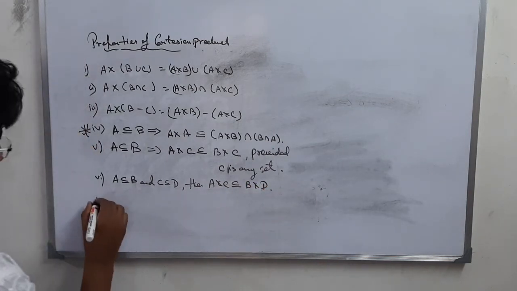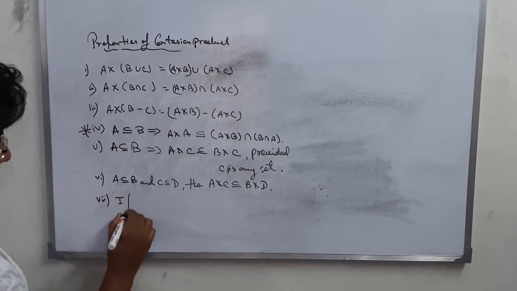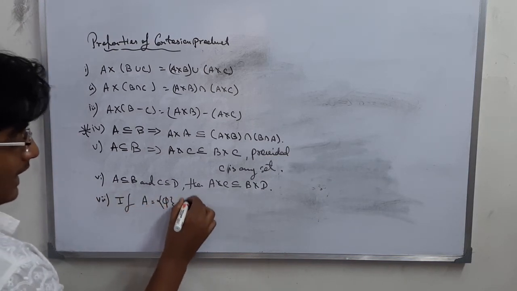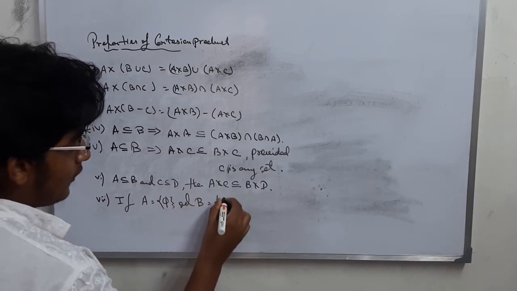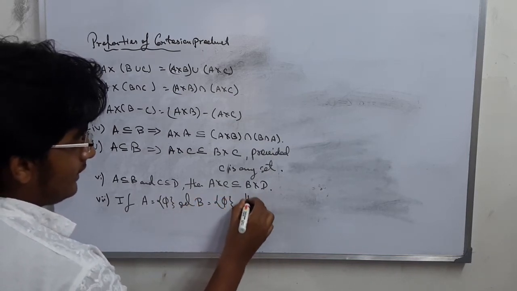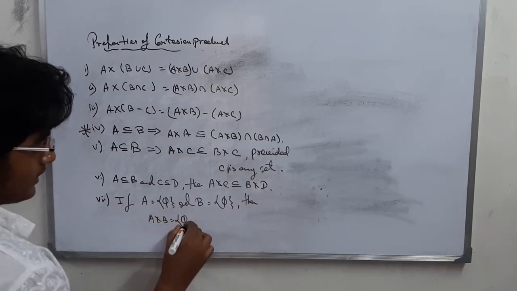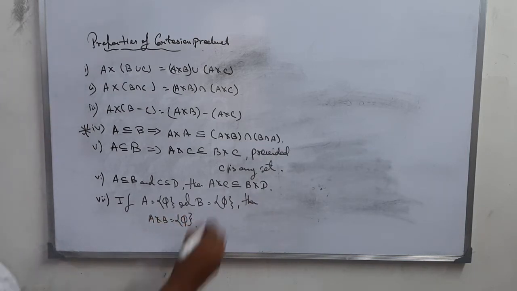Okay, number 7, if A is a void set and B is also a void set, then A cross B is also a void set or a null set.